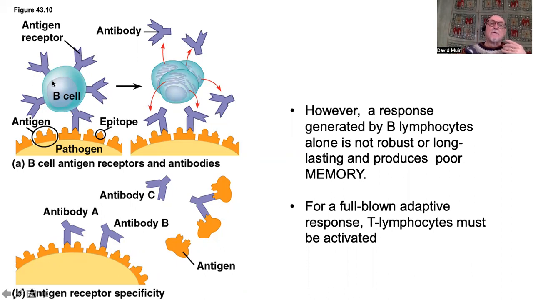Here it was that small cell almost entirely filled by the nucleus with very little cytoplasm. Very quickly, they transform. They form a large cell, which is densely packed with endoplasmic reticulum. Think back. What was the function of endoplasmic reticulum in the cell?